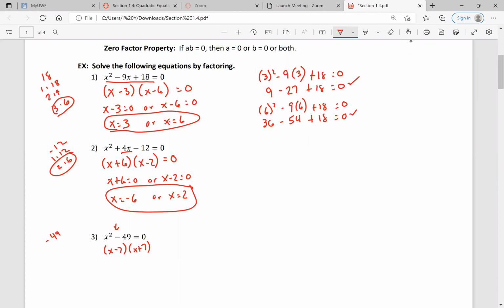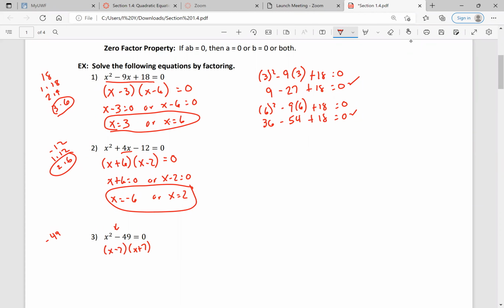Well, we're going to have 2x and we're going to have x. And my factors are going to be 6 and 5. But here's the problem.